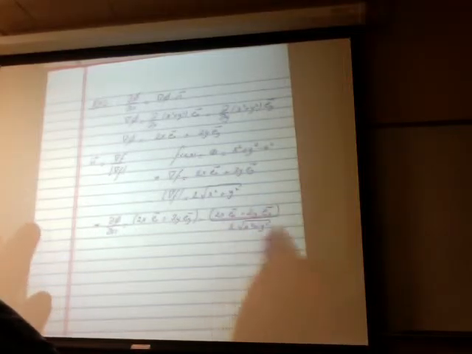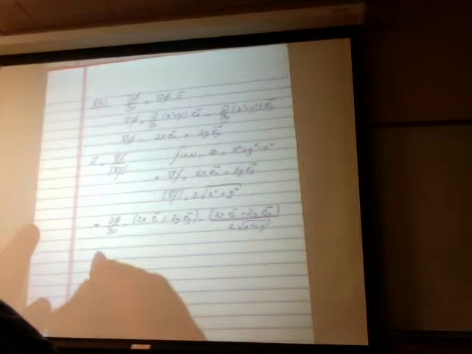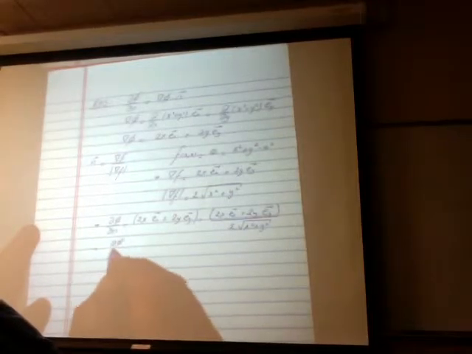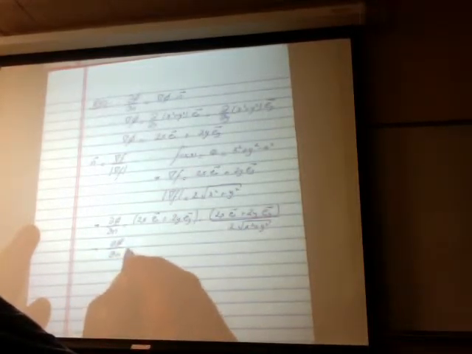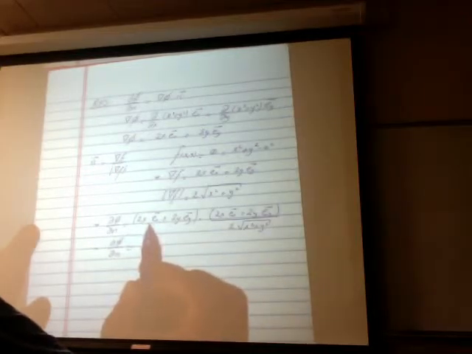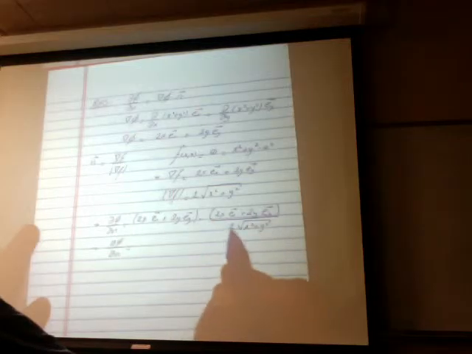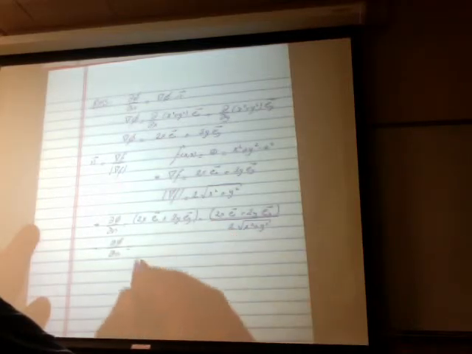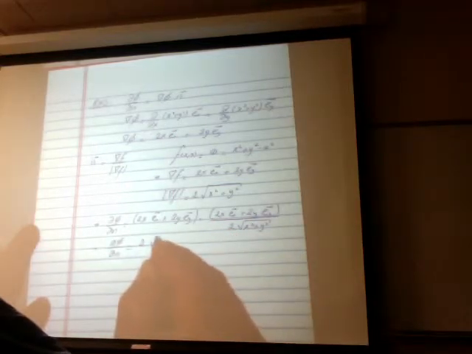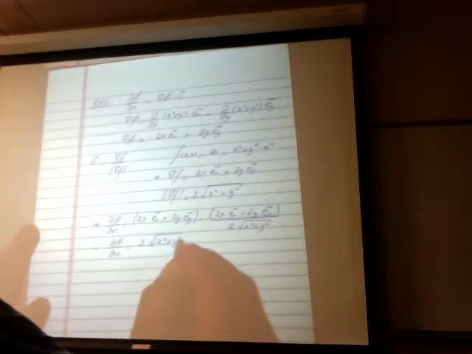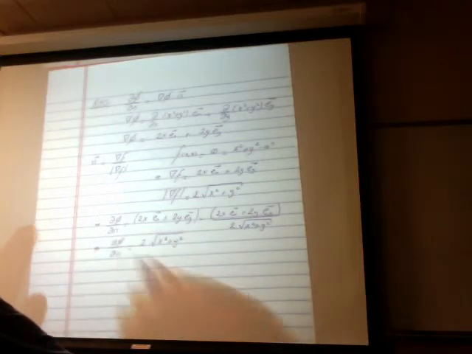Alright, so the 2 and the 2 go away, and this ends up being twice the square root of x squared plus y squared. This is what we're trying to integrate.